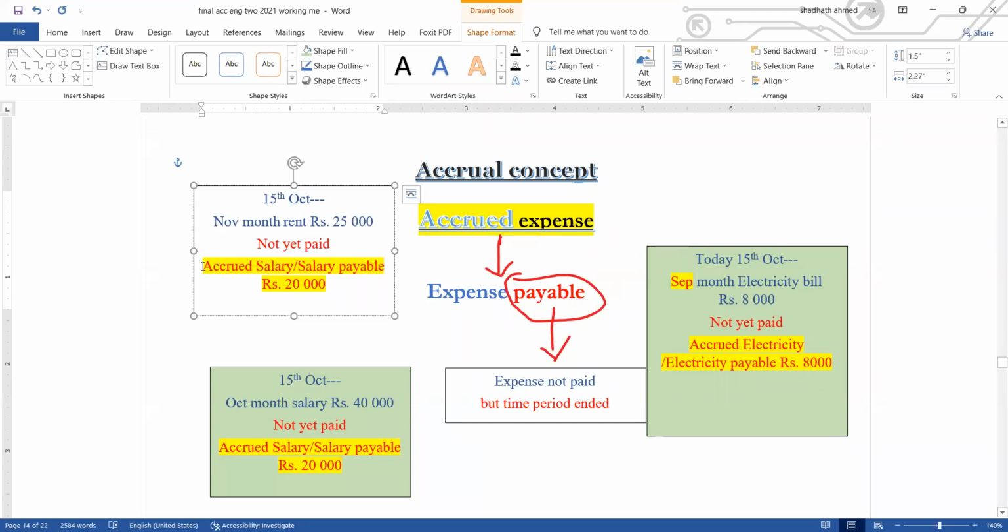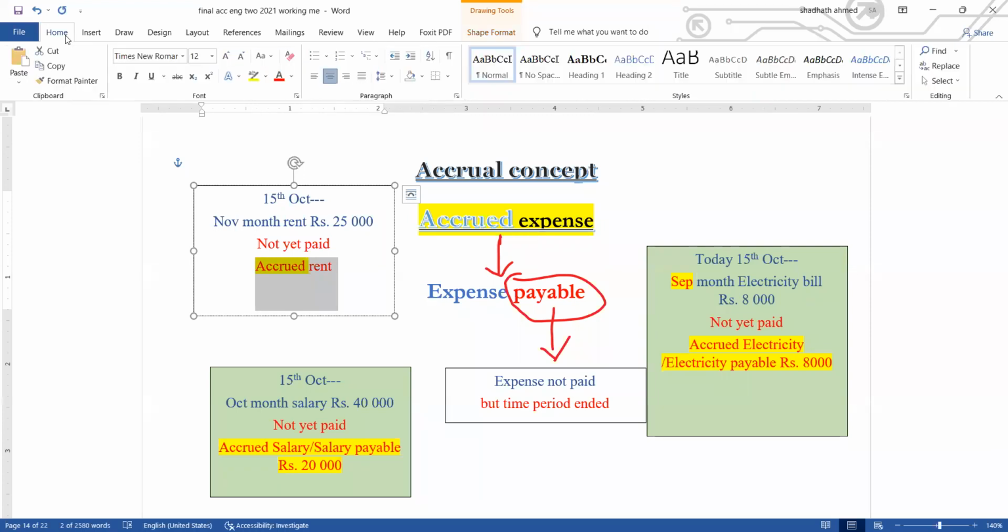My question: can we consider this as accrued rent 25,000? Yes or no?